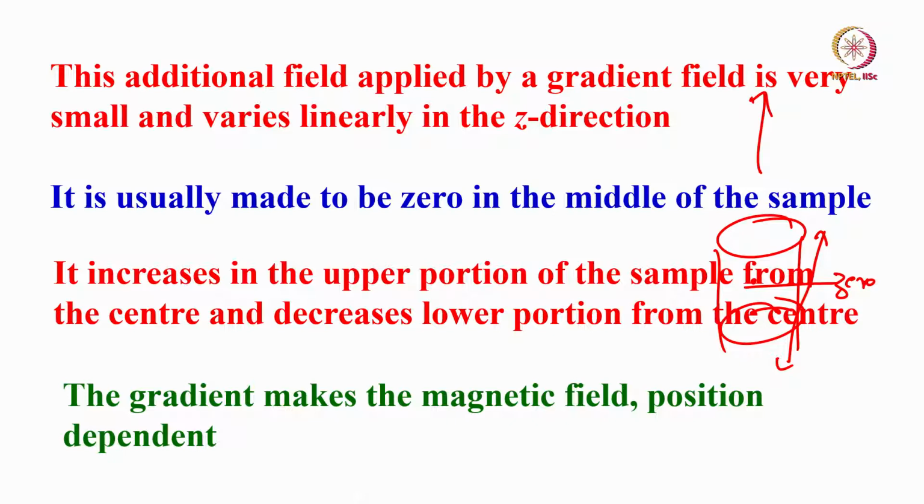So the gradient field varies as you go up and down, and it is position dependent, because I can vary it spatially. As you go from the center towards the top of the sample tube, the field keeps on increasing, and as you come down in the gradient coil, the gradient field keeps on decreasing.